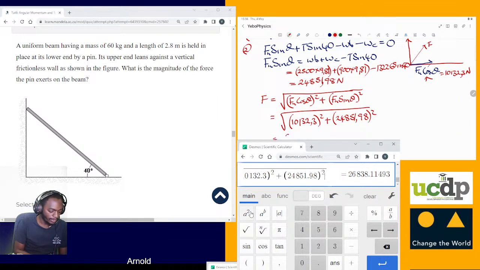So we get 26,838.1, the same as 2.7 times 10 to the power of 4.